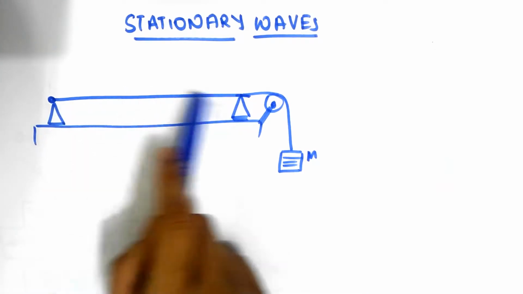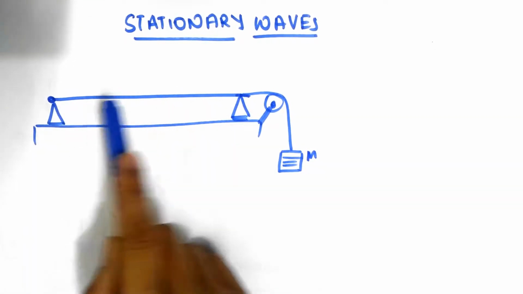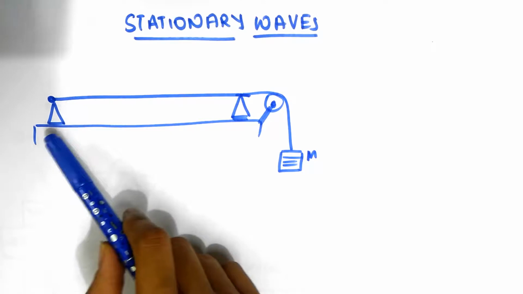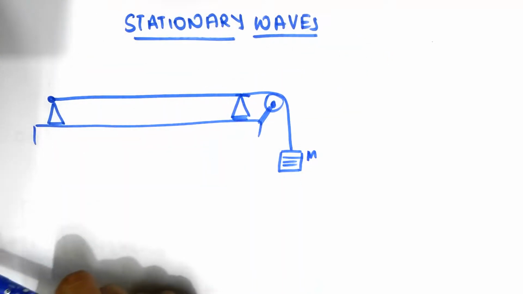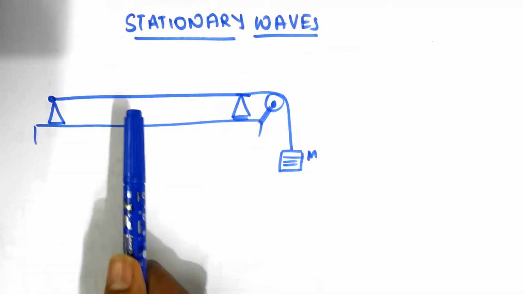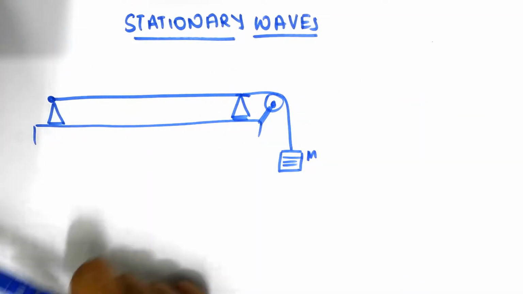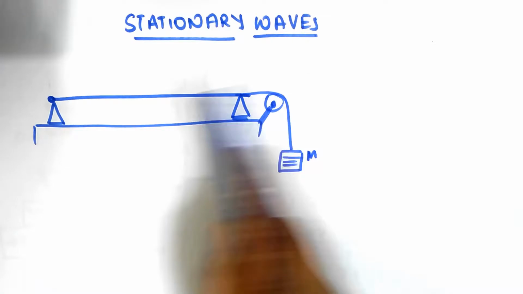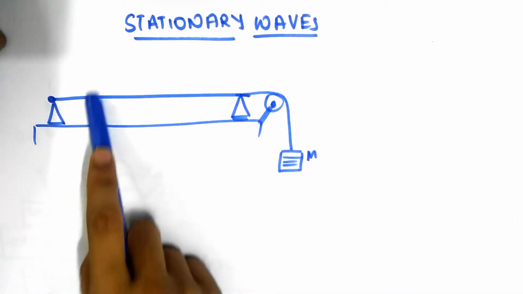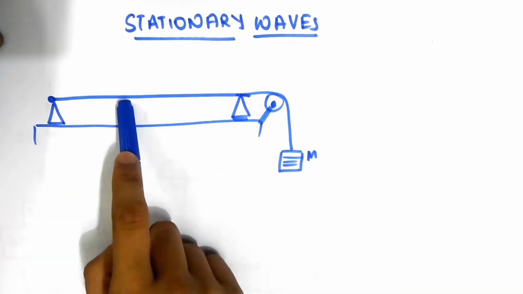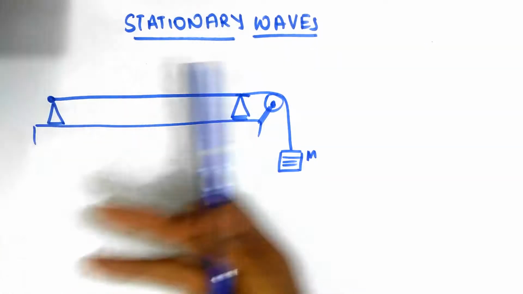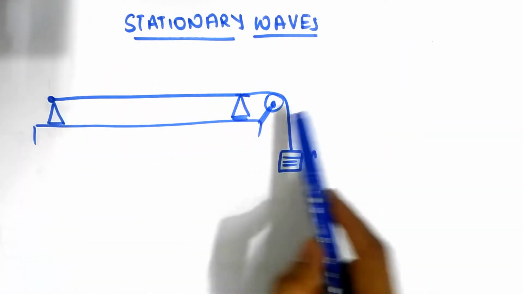If you try to oscillate this string with any frequency you want, you'll get a mess. You will not get a stationary wave. Instead, if you oscillate it with some particular values of frequency, which we'll calculate, then a wave will travel this way, reflect off from this side, and the two waves will interfere with each other, superimpose, and give you this nice stationary pattern.